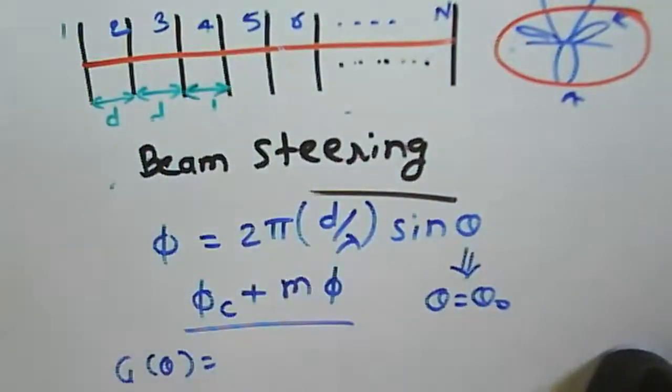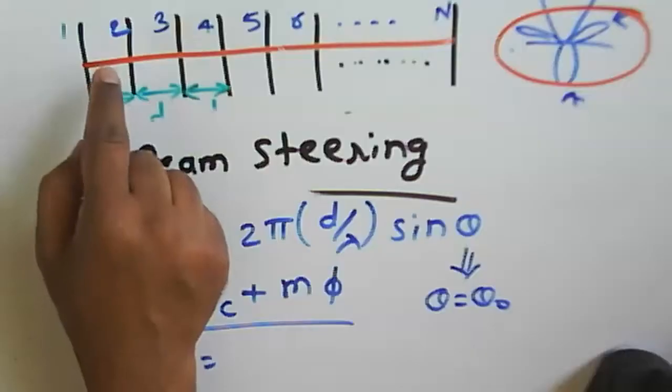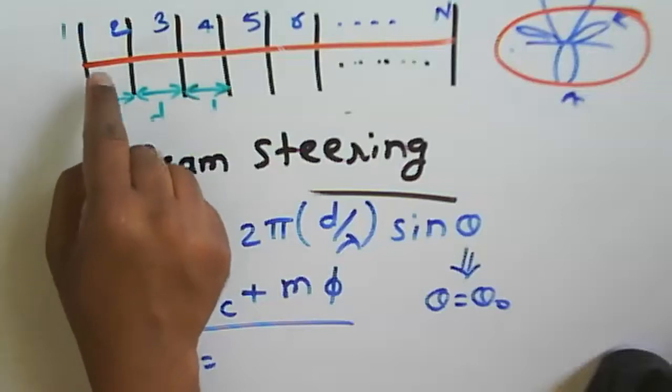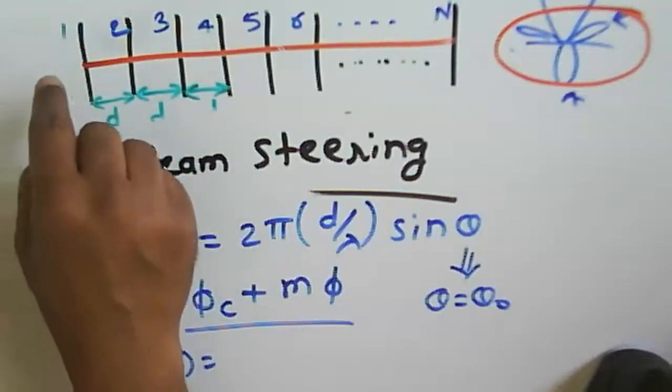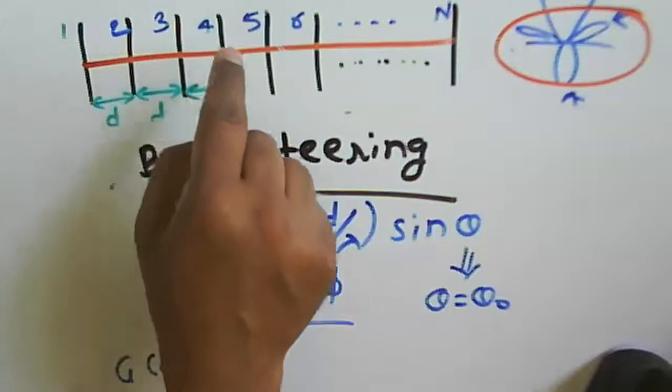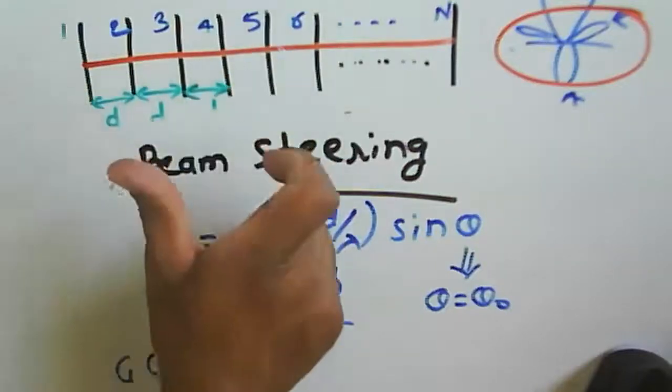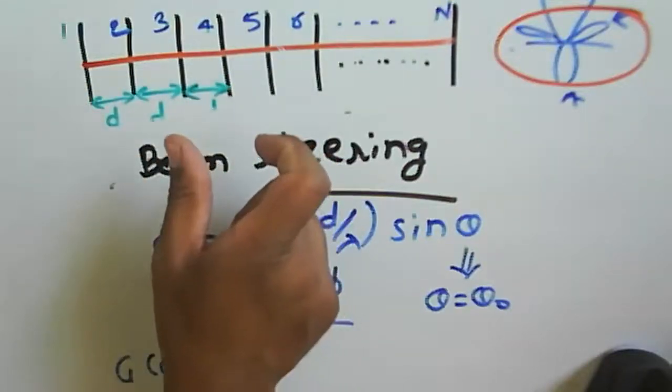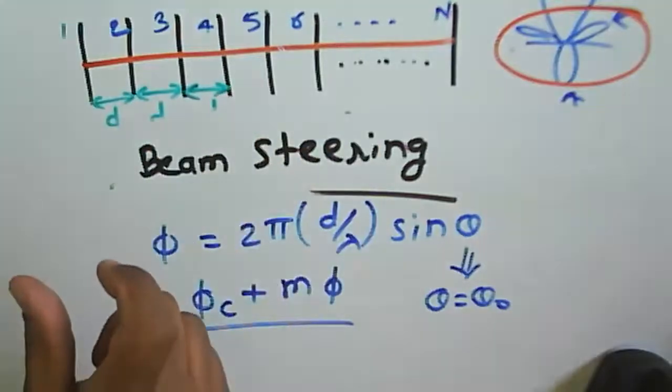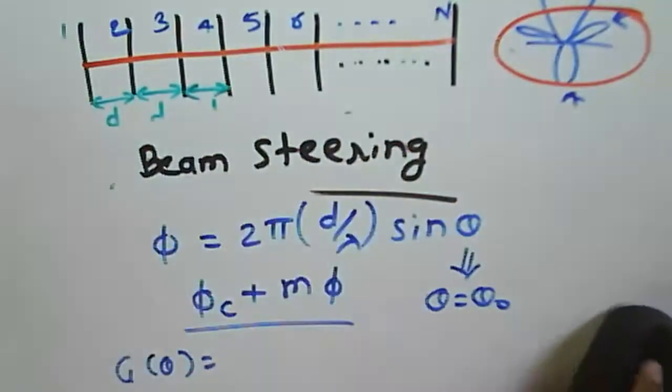vary the phase here? We need to apply a phase shifter. We need to apply variable phase shifters to each and every element at the feeding point, so that steering of the antenna beam with a variable phase shifter will be possible.